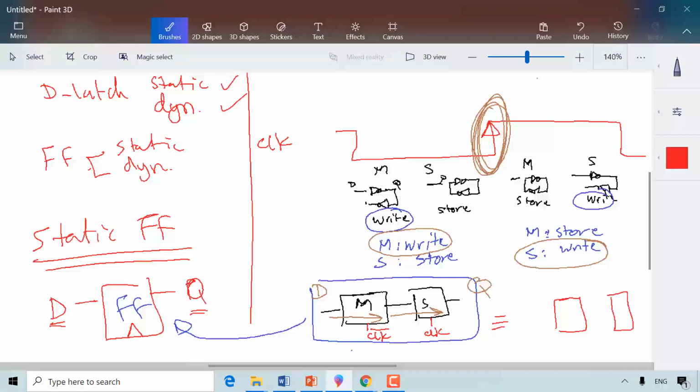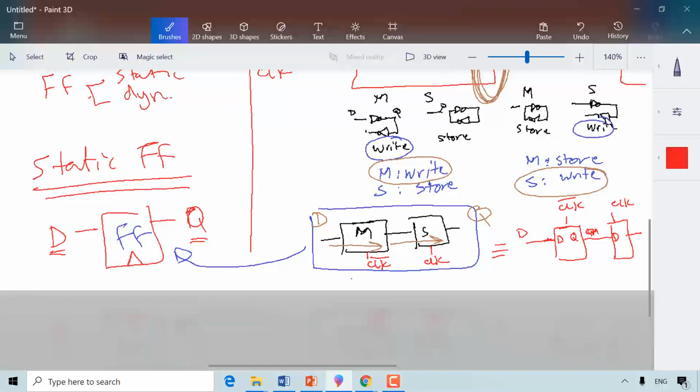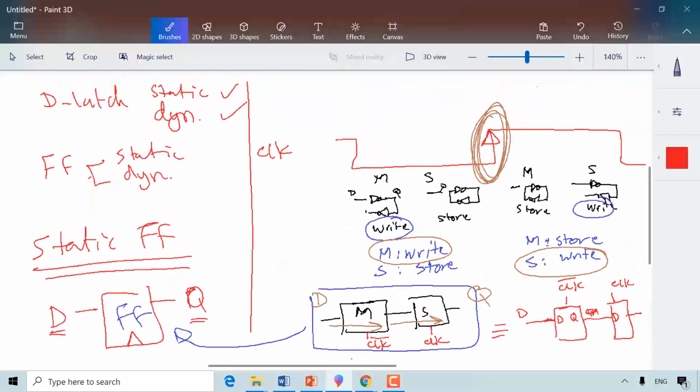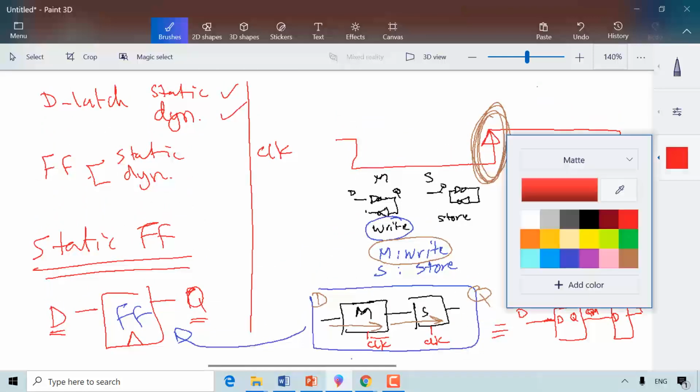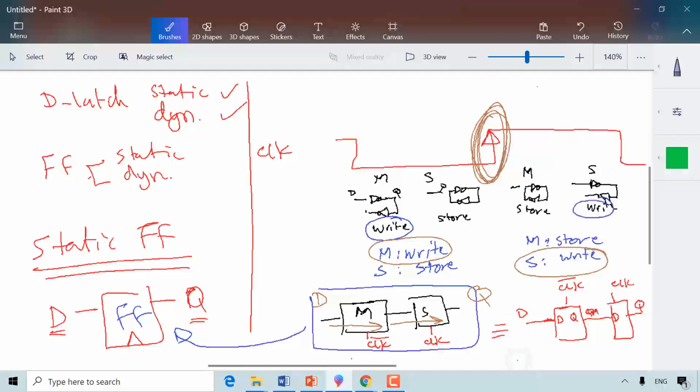There is this latch activated by a clock, this latch activated by a clock bar, then the D input goes in here to the D input of this latch, and we call this QM, and then the Q goes to the D, and this is the Q of the flip-flop, and that is now the boundary of my flip-flop. This is my flip-flop. It uses two latches, a master latch and a slave latch.